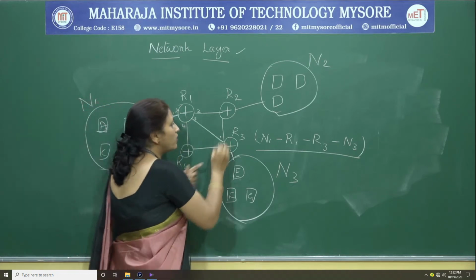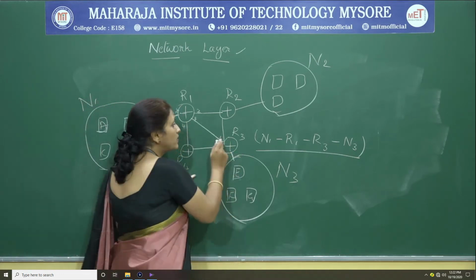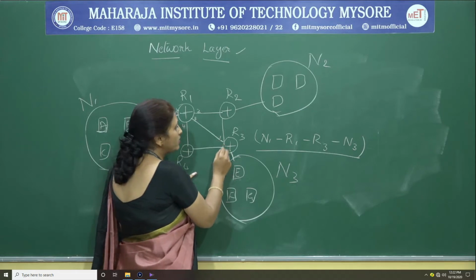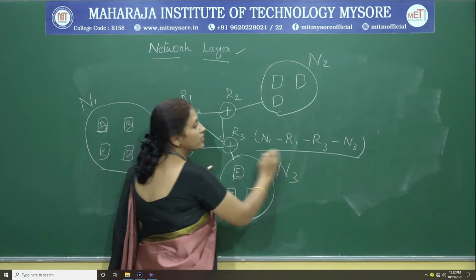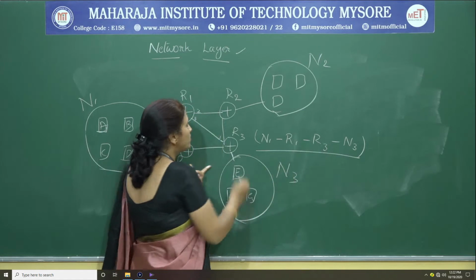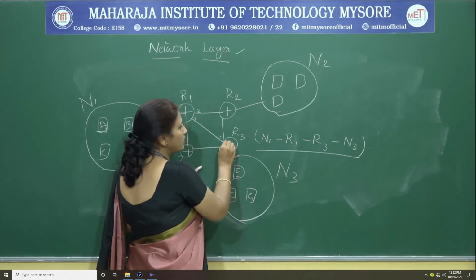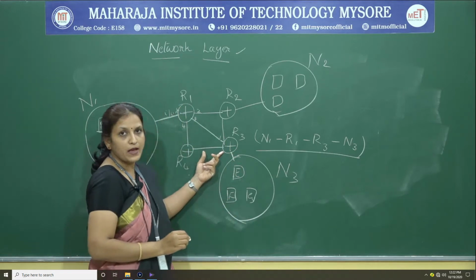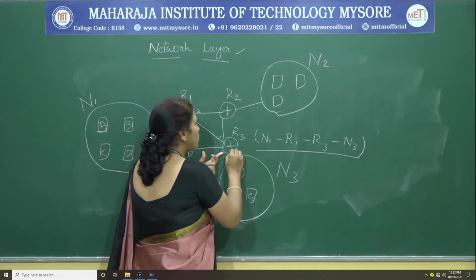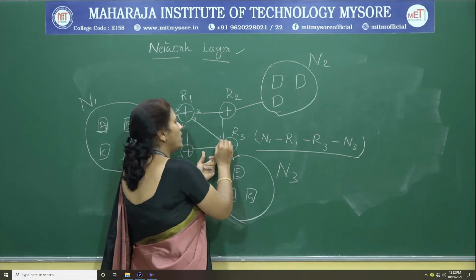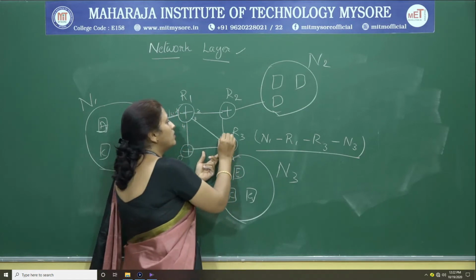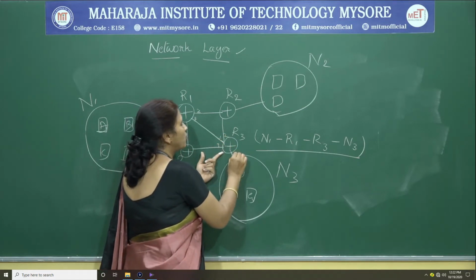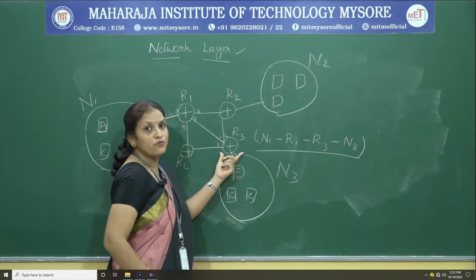Here with respect to R3, this acts as an input link with respect to this particular path. After receiving the packet here, R3 will check the destination address specified in the packet and forward it to the respective output link. Here, if this becomes the input link, 2, 3, 4, these 3 become the output links for R3.